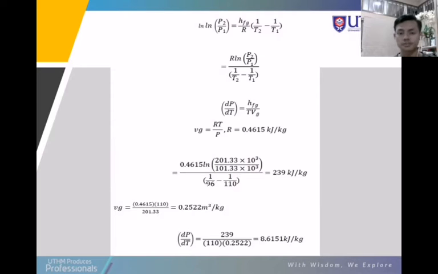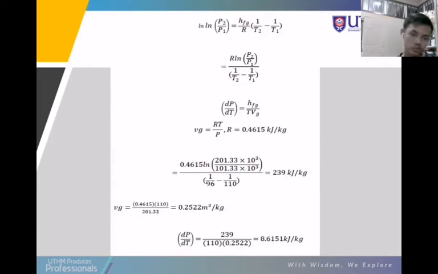First, at the top we have the equation ln(P2/P1) equals hfg over R times (1/T2 minus 1/T1). Then when we rearrange the equation, we get hfg, the enthalpy, with the formula R ln(P2/P1) over (1/T2 minus 1/T1).